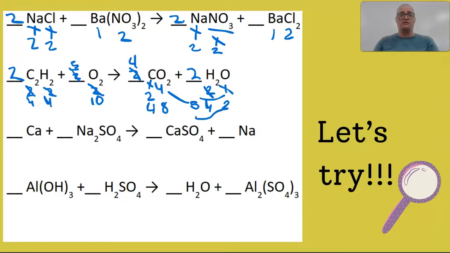And remember, this is our oxygen for a total of 10. So we have a total of 10 oxygens for each of those. My hydrogens match, my carbons match, and this is now balanced.